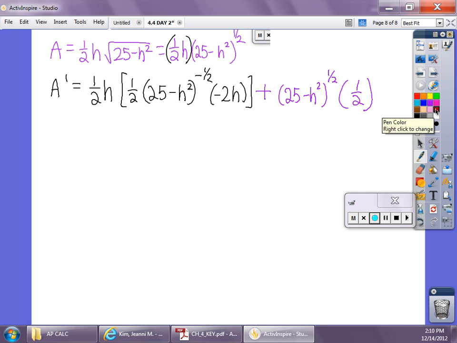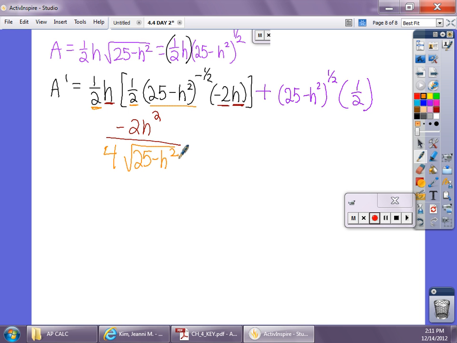Let's try to simplify this as much as possible. In this case, this h, this h, this negative 2 will stay in the numerator. The denominator will have this 2, which makes 4, and this term here, which is the square root of 25 minus h squared.